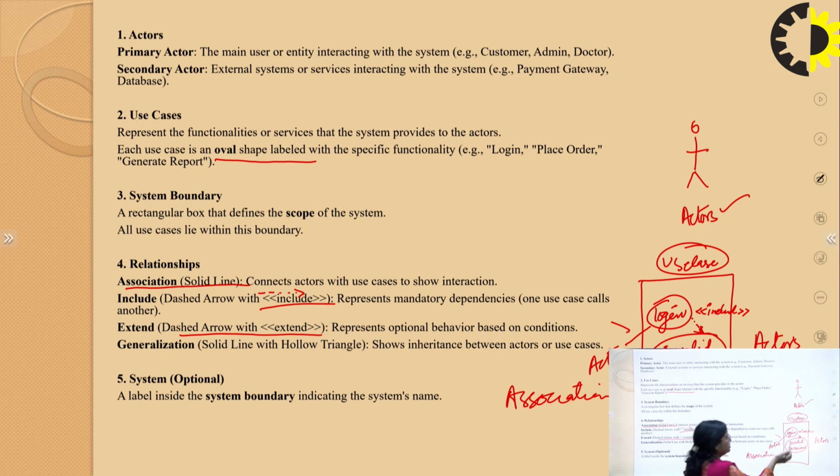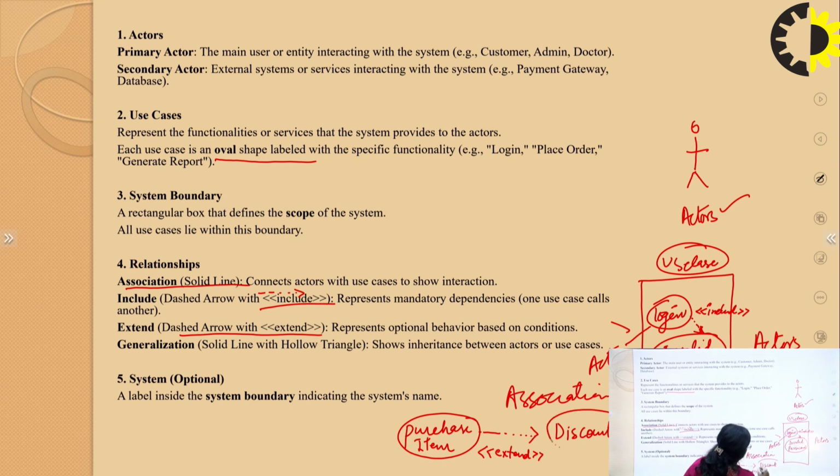So we can use purchase item as the use case, and here we can use extend, and here discount.